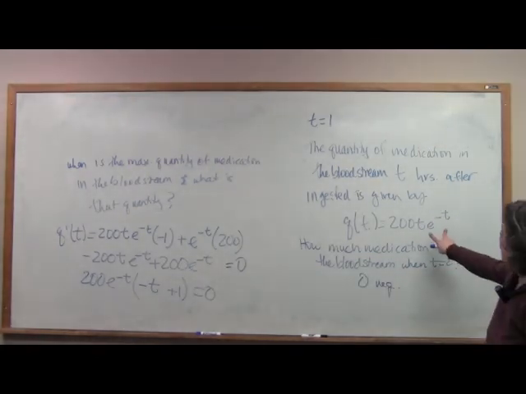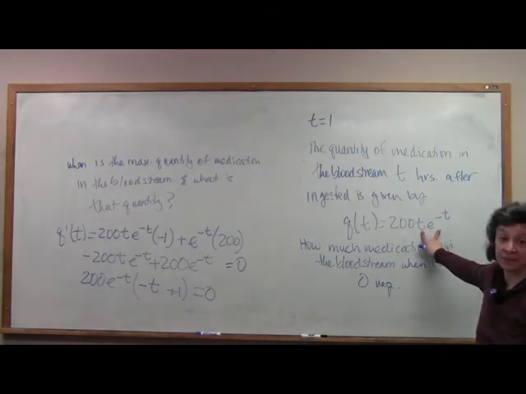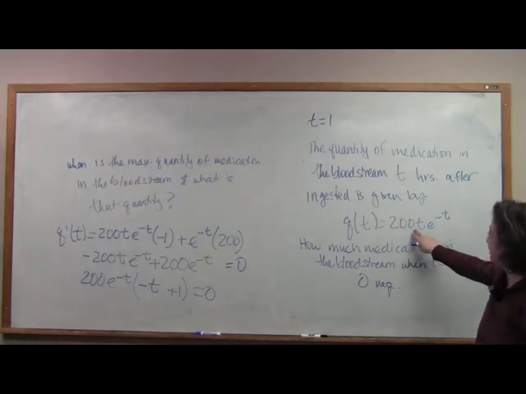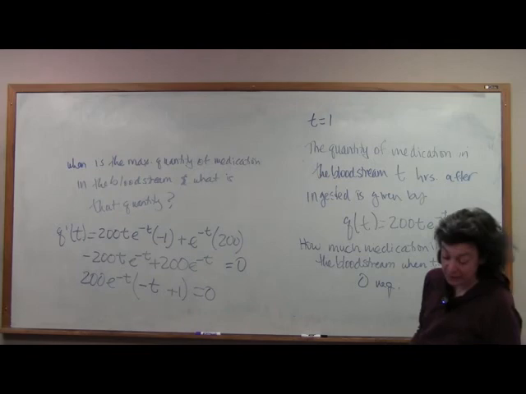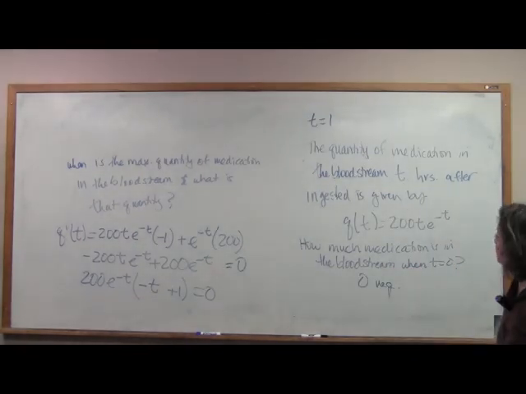Now notice you can't really plug in T equals 0 because that doesn't really make sense. So what you're going to need to do is plug in a fraction. You could plug in, say, 1/2, and that's fine because 1/2 of 200 is 100, and it's going to be 100 divided by some number. So it's not bad to plug that in, I assure you.